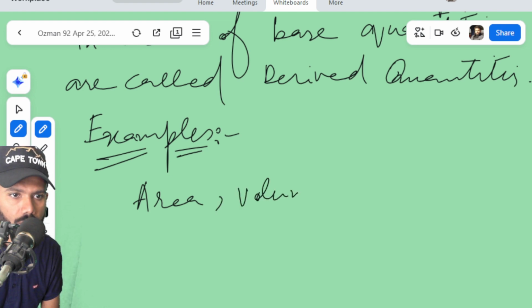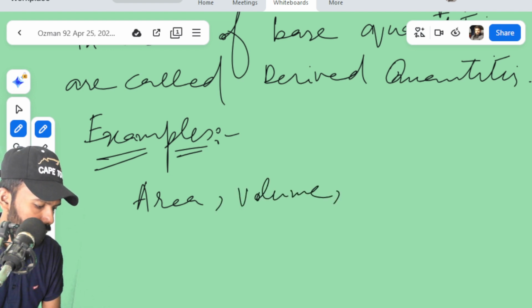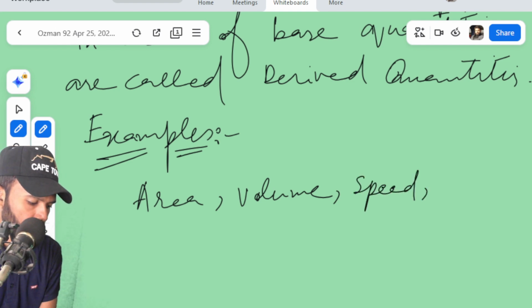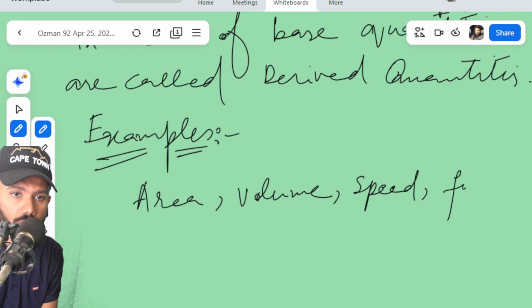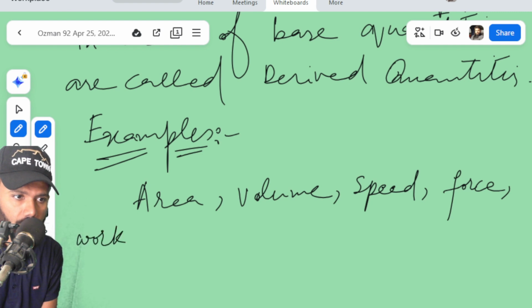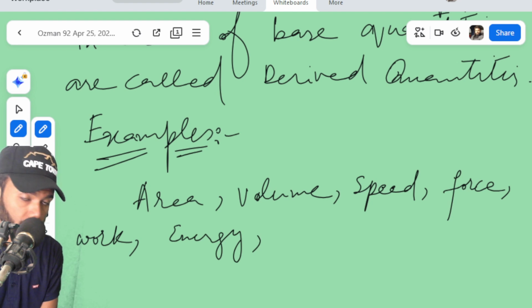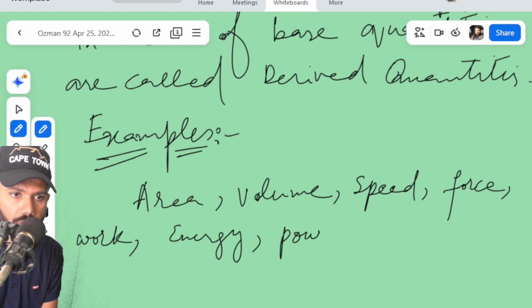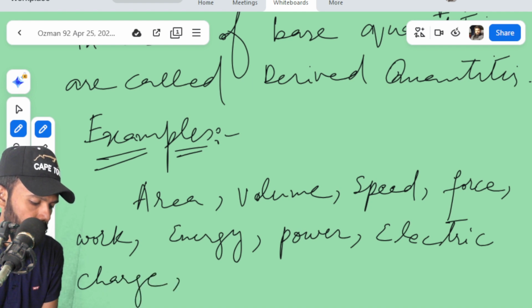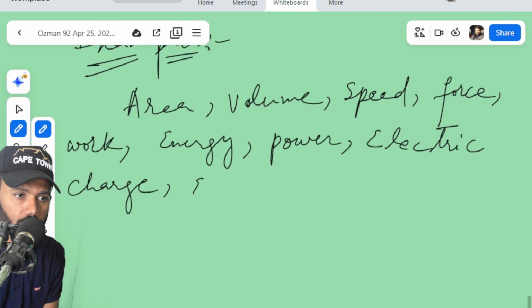Volume, speed, of course, force, work, energy, of course, power, electric charge, and electric potential.